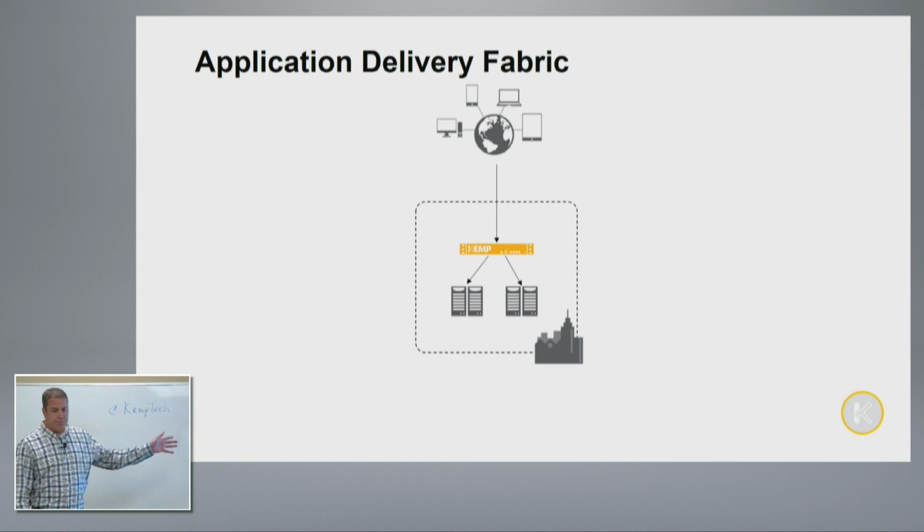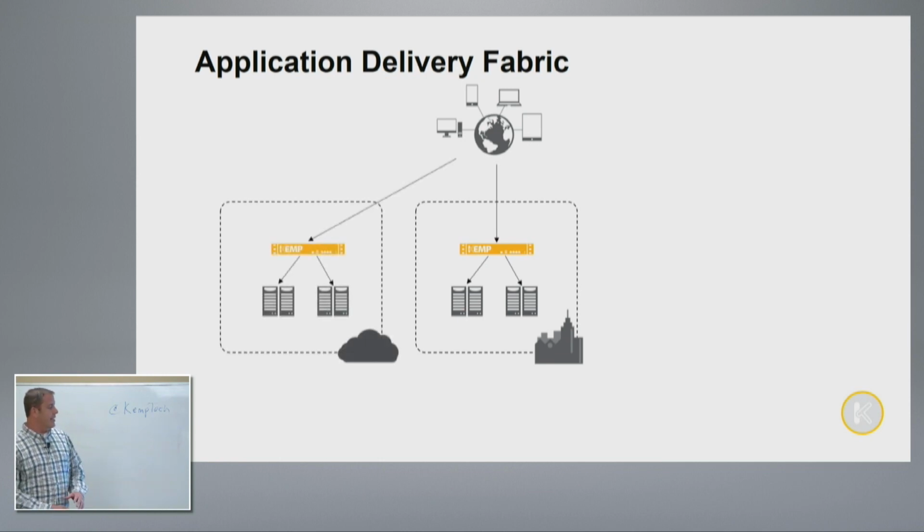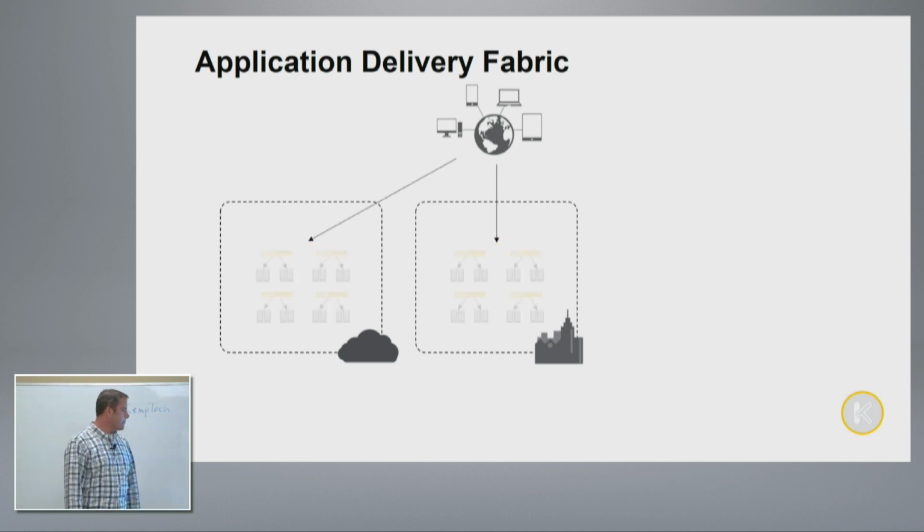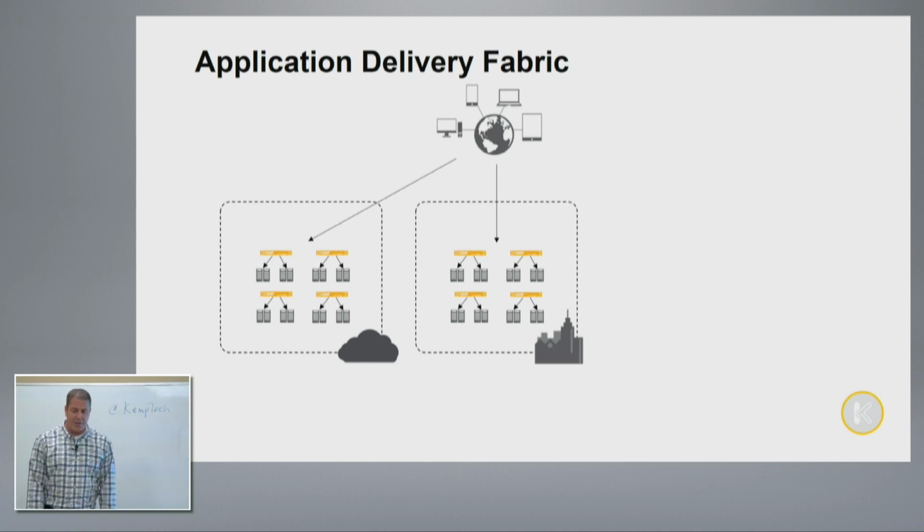This is not application delivery fabric, right? This is just an ADC that's publishing a single workload or multiple workloads within a data center. But obviously things have changed over the years, and we're starting to see customers expanding to the cloud. That's obviously no surprise. And then we're seeing these environments, both in the cloud and in data centers, just exploding with ADCs.